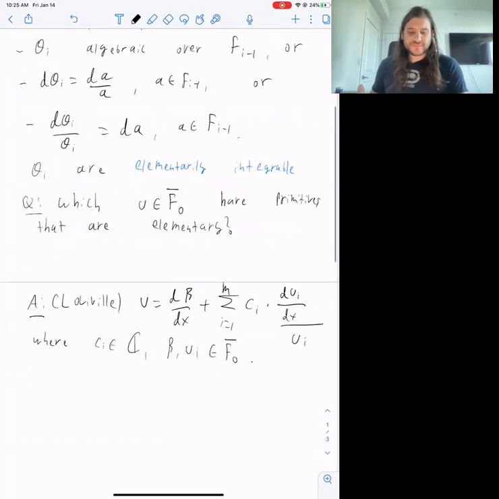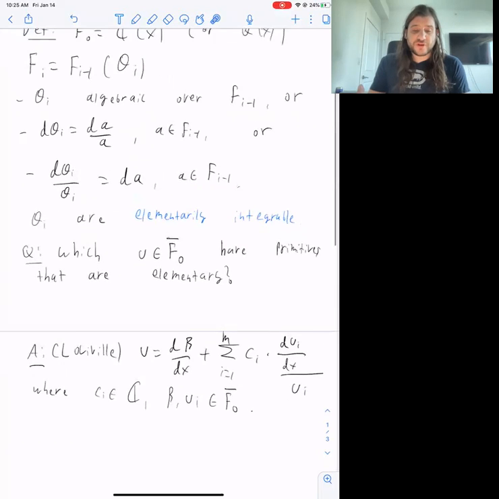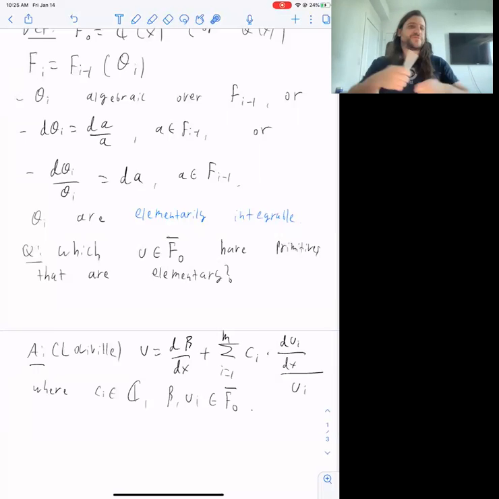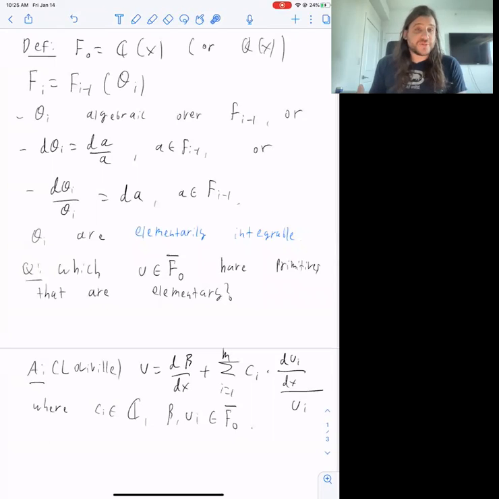Okay. So one notable thing to see here is that, well, maybe two notable things are, first of all, we're allowing in our definitions sort of arbitrary chains of these extensions. So you're allowed to sort of take log of something, take an algebraic function over it, take log again, then take exp of that plus some other function, etc., etc. And Liouville says that as long as you want to integrate algebraic functions, all of that is unnecessary.